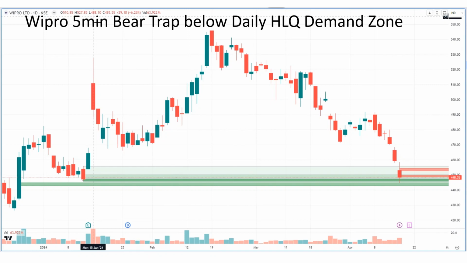And also please remember when to use and when not to use the traps, because I have seen some people thinking every 5 minute zone below or above a high liquidity zone is a bull or bear trap. That is not right. That is wrong.